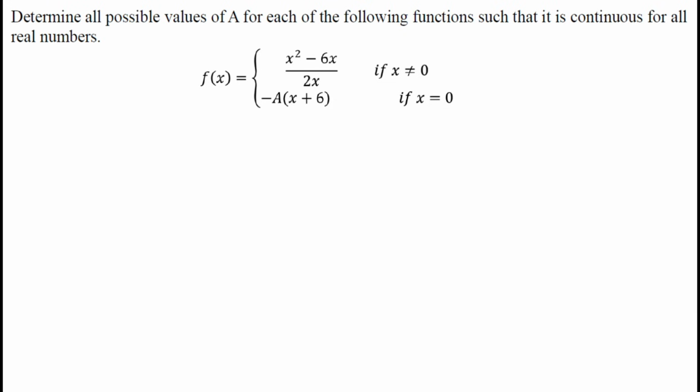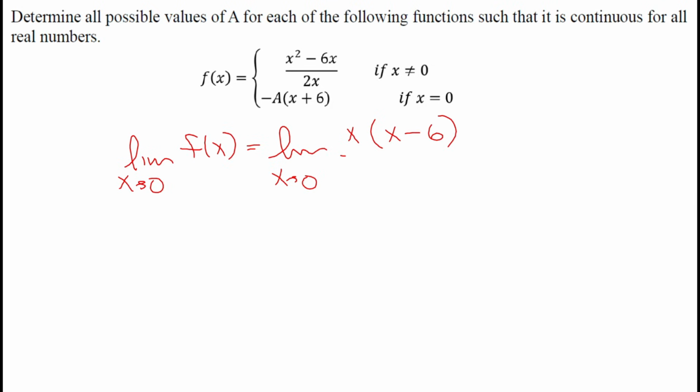For our next one, same idea here. We're just going to look for the limit as x approaches 0 of f of x, which means we're going to factor out the x from the numerator, giving us x times x minus 6 over 2x.